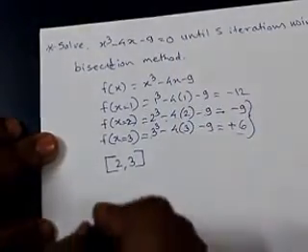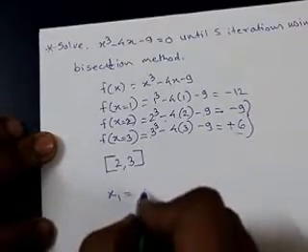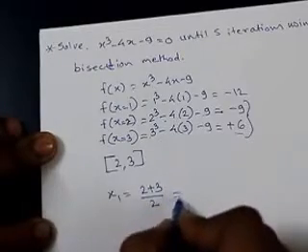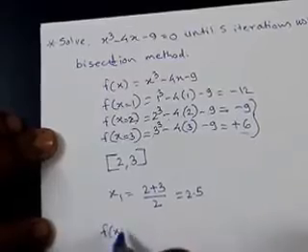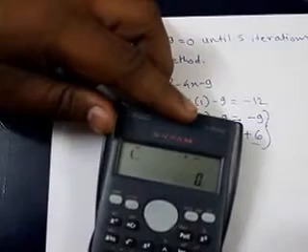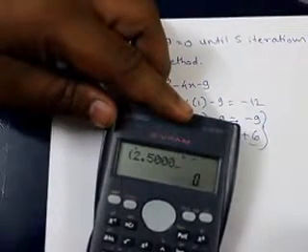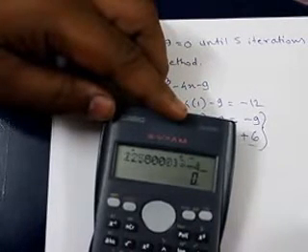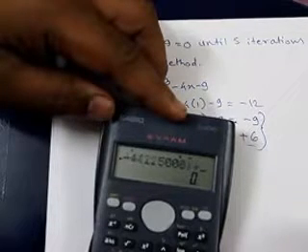Let us see what our first iteration is going to be. x1 is equal to 2 plus 3 divided by 2, which is 2.5. Let's find what f of x1 is. For the sake of later iterations, let me write 2.5000 cube minus 4 into bracket 2.5000 minus 9.